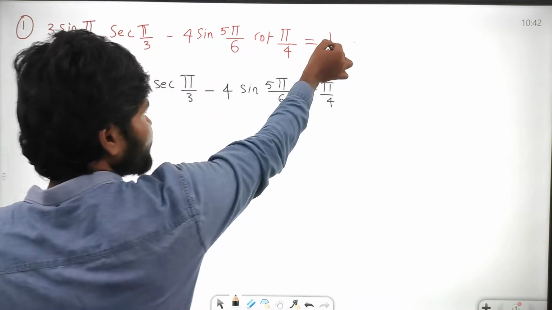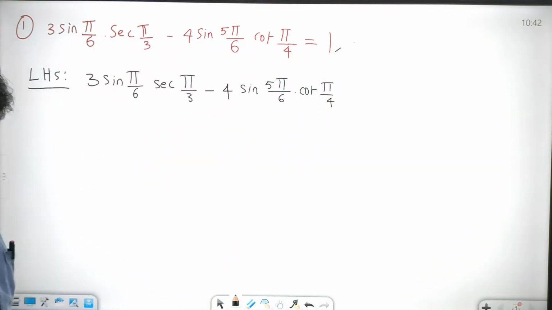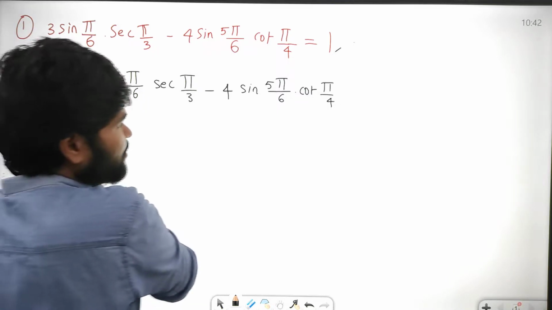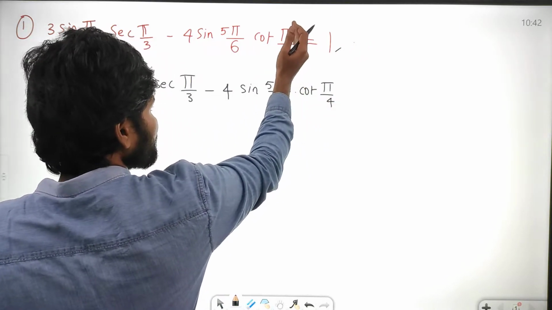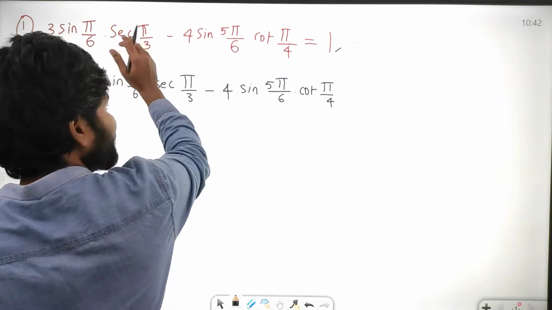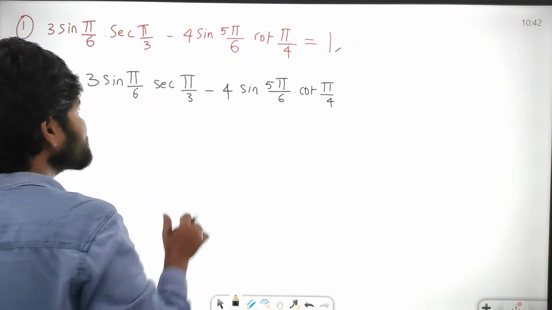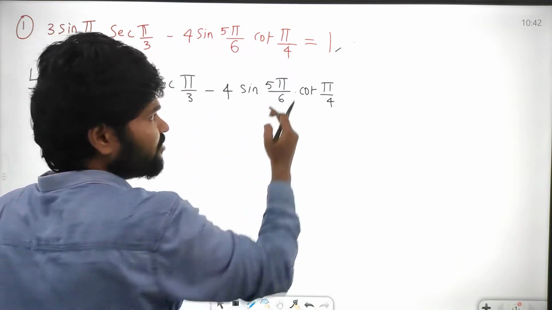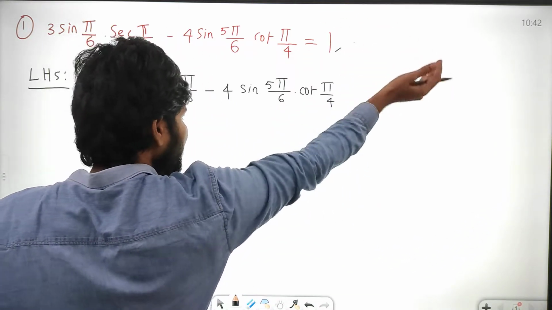Okay, I need to prove that this equals 1. RHS is nothing but 1. So what is LHS? Whatever terms are on the left side of the equal sign is the left side, and whatever is on the right is the right hand side.